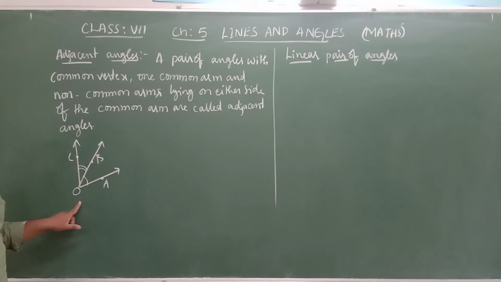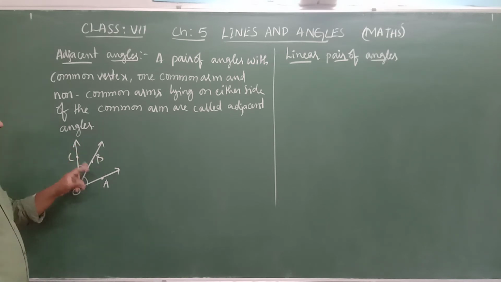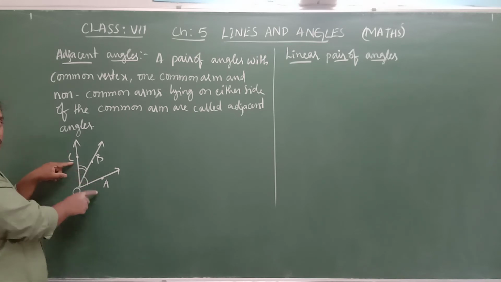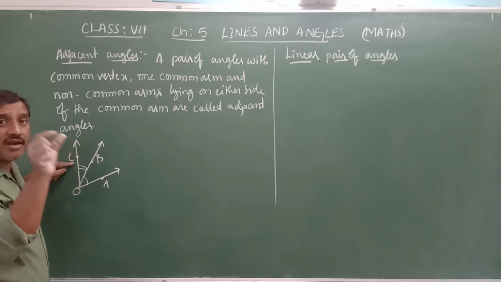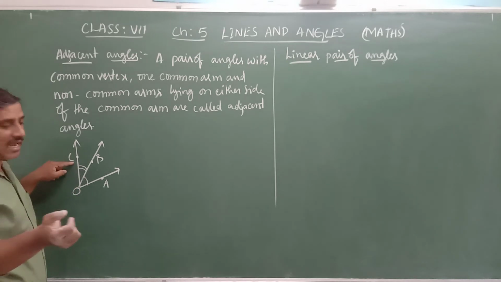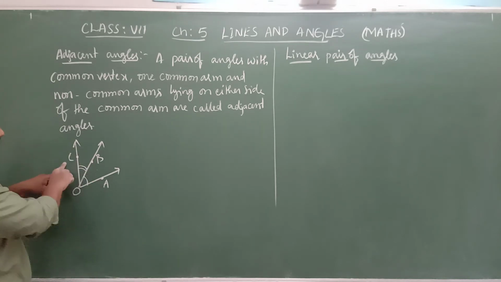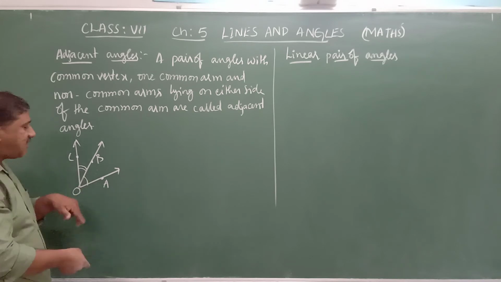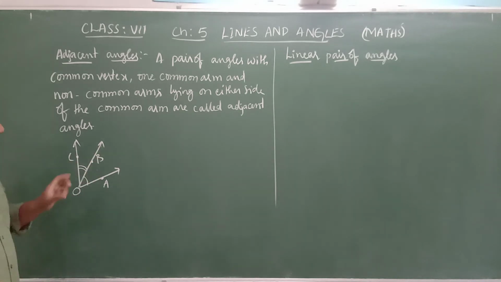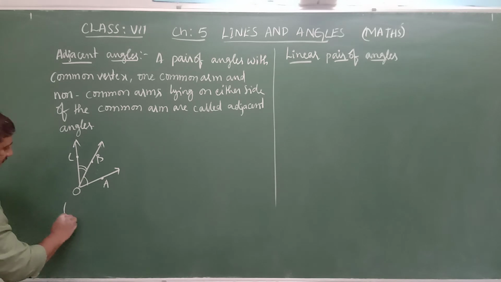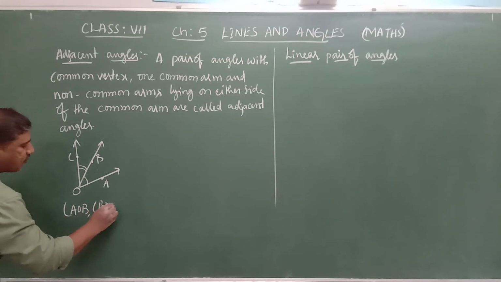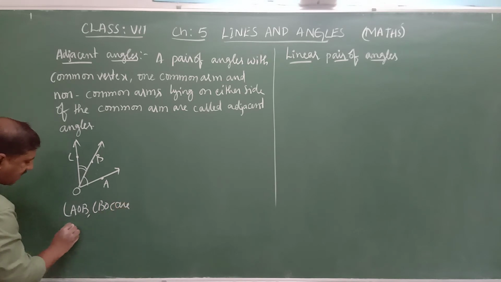O is the vertex. They have the common vertex O, and OB is the common arm for both the angles. And OA and OC are non-common arms. How are they lying? They are lying on either side of the common arm. This kind of angles, angle AOB and angle BOC, are adjacent angles.